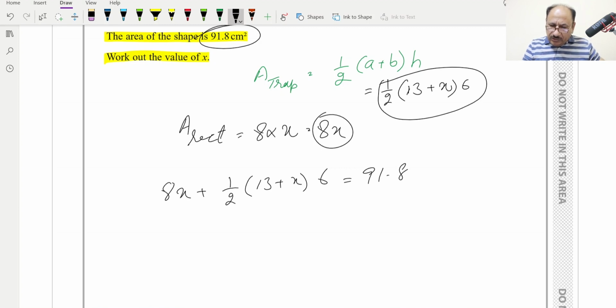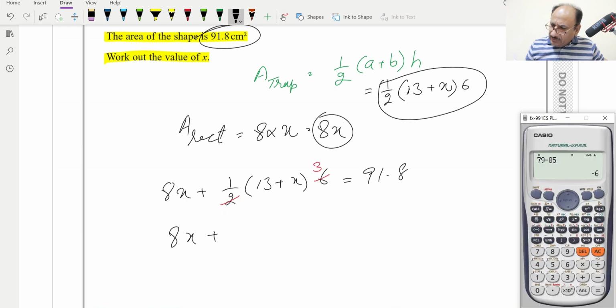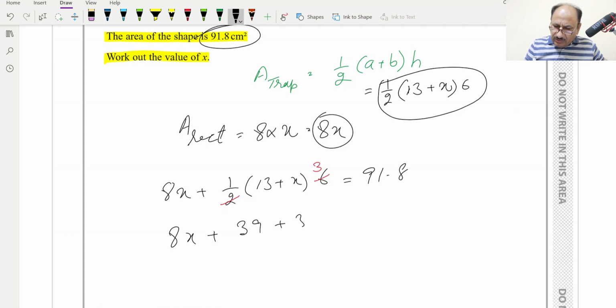So now we can do cancellations. 2 threes are 6, and the rest we can write as 8x plus 13 threes are 39, so we can write here 39 plus 3x, x multiplied by 3 will be 3x, is equal to 91.8.